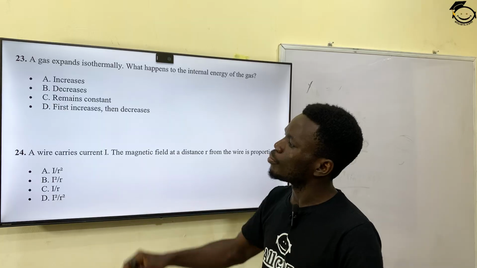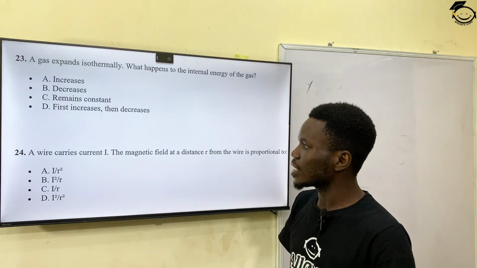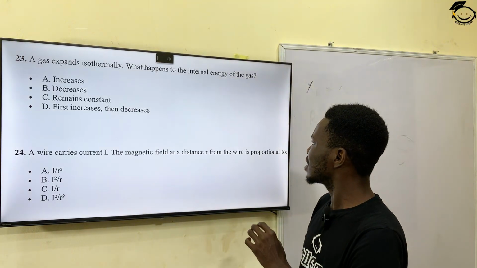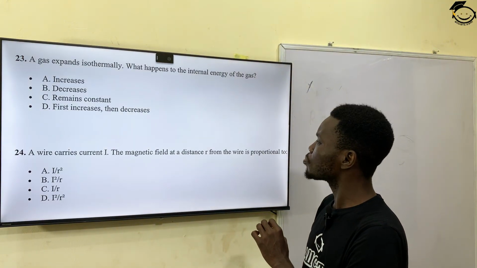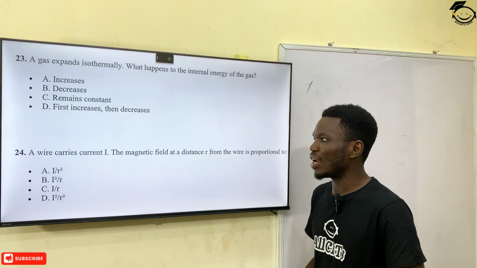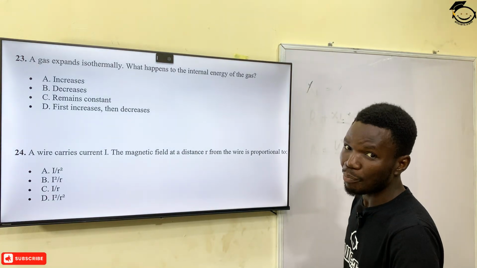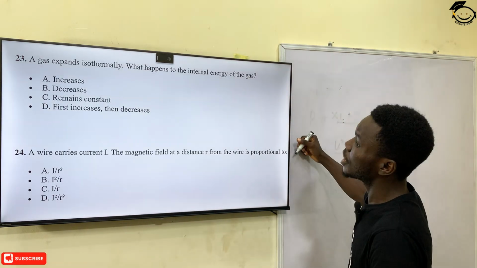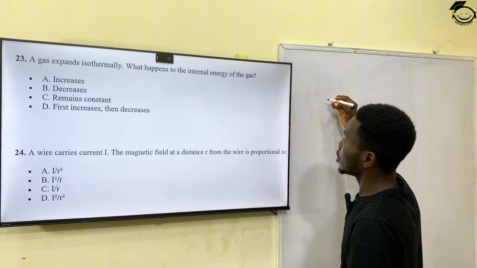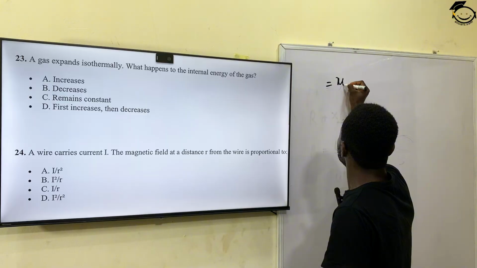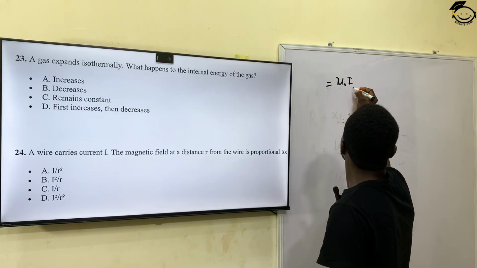So moving on to question number 24, it says a wire carries current. The magnetic field at a distance r from the wire is proportional to what? So this question is based on Ampere's law of the magnetic field, where the field is equal to mu naught I over 2 pi r.